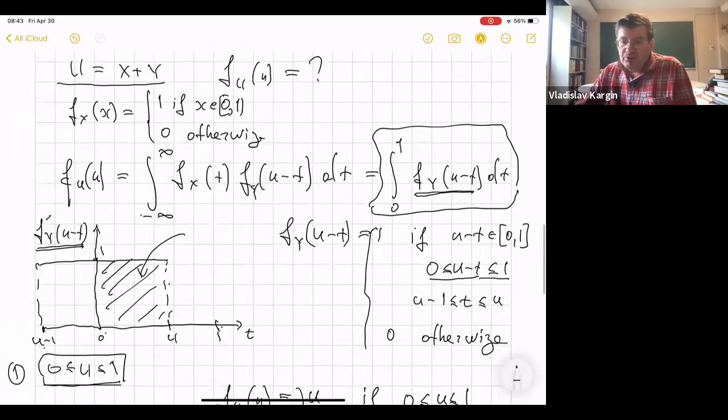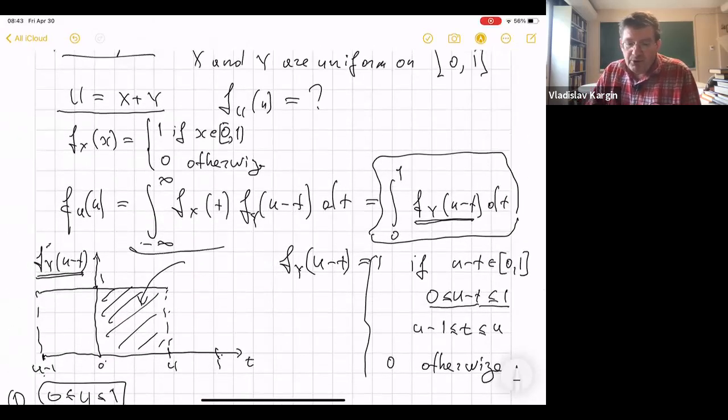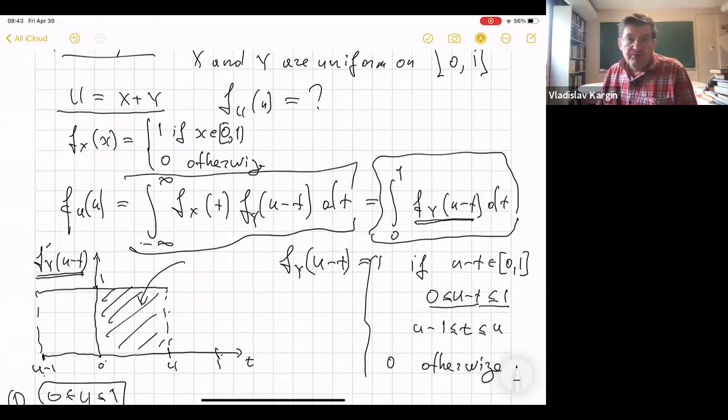In this case, you would just program this formula and say integrate, and we would need to know how to calculate all these particular cases.